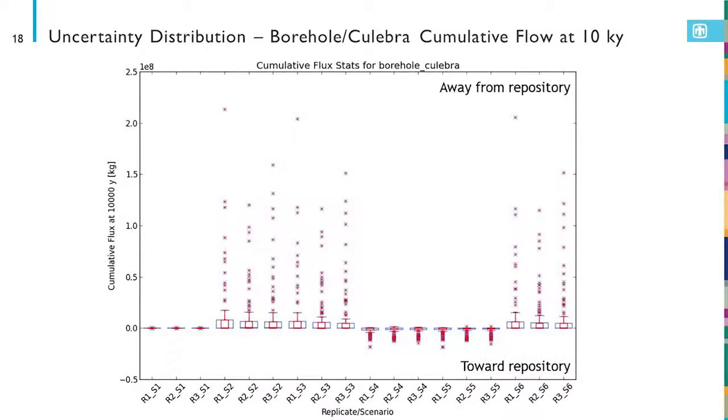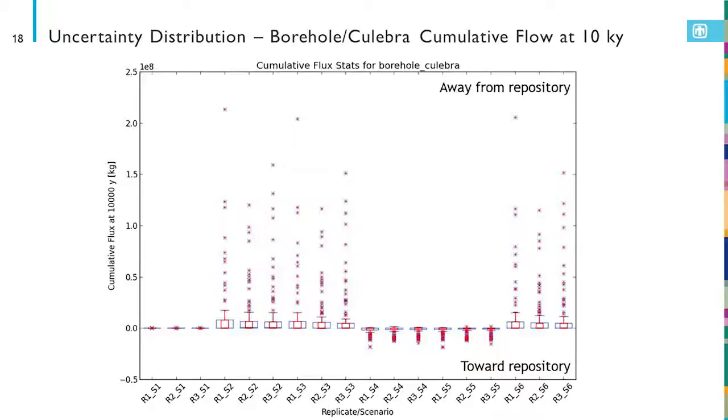Here's a similar plot for cumulative flux up the borehole. And in this case, because it's only one time value at 10,000 years, I was able to plot all of the replicate scenario pairs on one plot. So this represents actually all 1,800 simulations. Here is scenario 1, in which there is no borehole, so there is essentially zero flux up those cells.